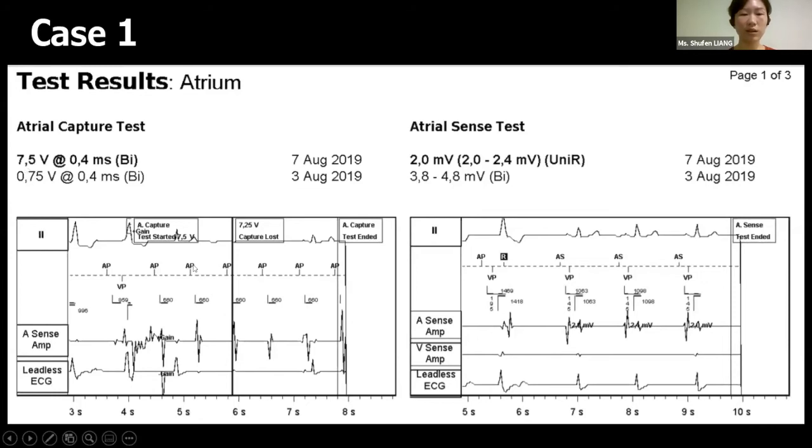And I think even at 7.5 volts, there's non-capture. For sensing here, it's intermittently not really sensing, or sensing funny things, but it's not too bad, I guess. Although you should notice that this is unipolar and this is bipolar.